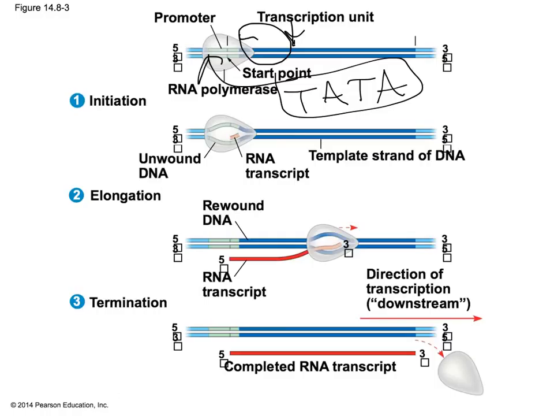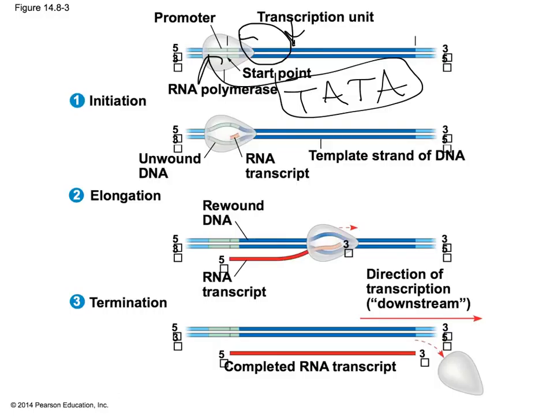It's usually about 10 to 35 base pairs upstream of the transcription start site. So that allows this to open and then begin polymerizing an RNA transcript.